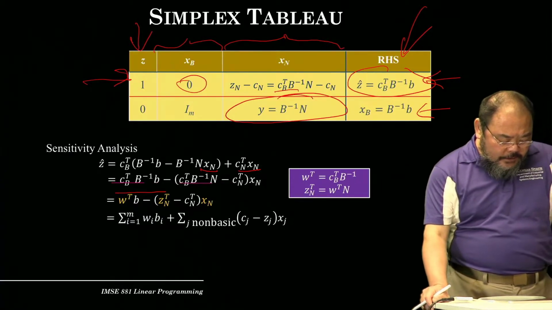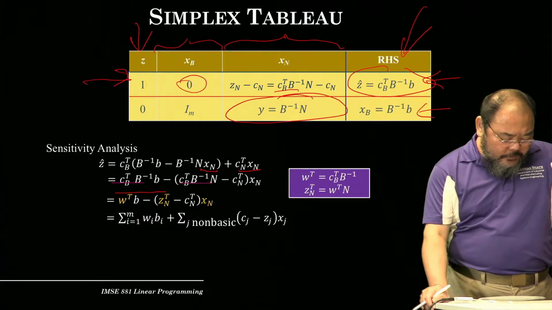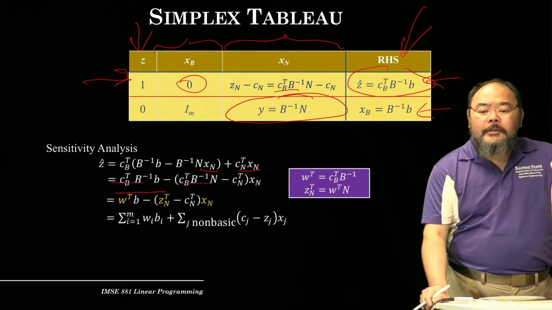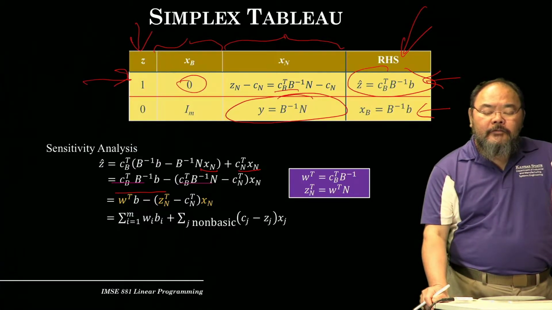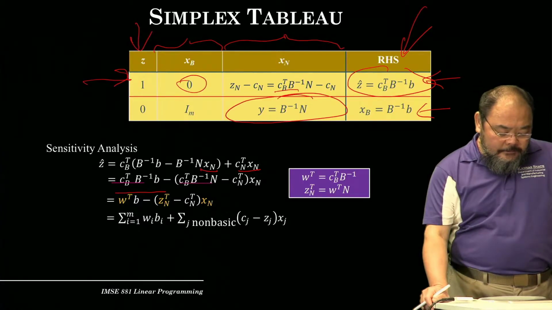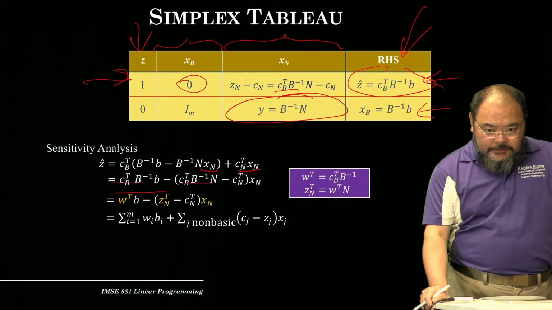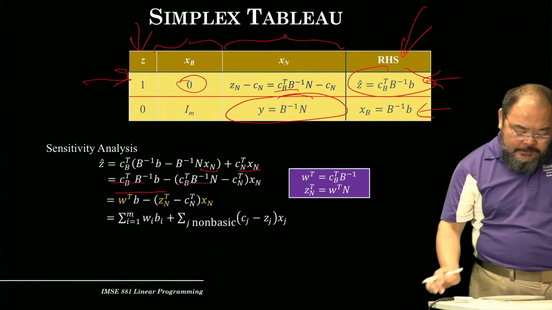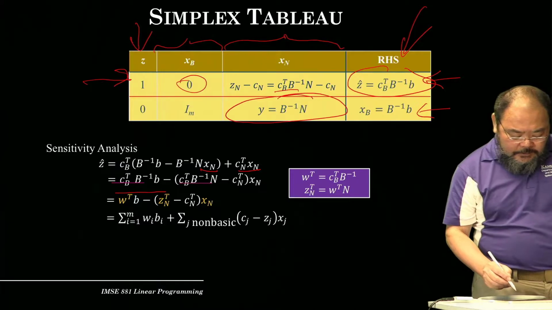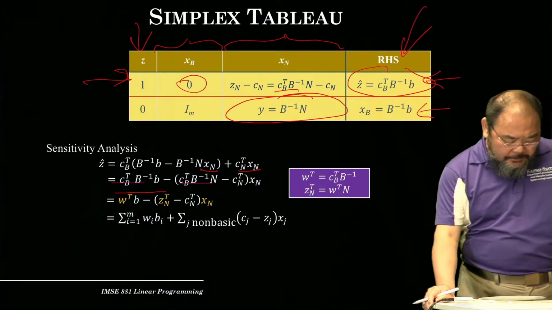The cb transpose times b inverse, again, we define as a separate variable called omega. Omega equals cb transpose times b inverse, and also zn, which was previously defined as omega times n, capital N. N is the non-basic matrix.